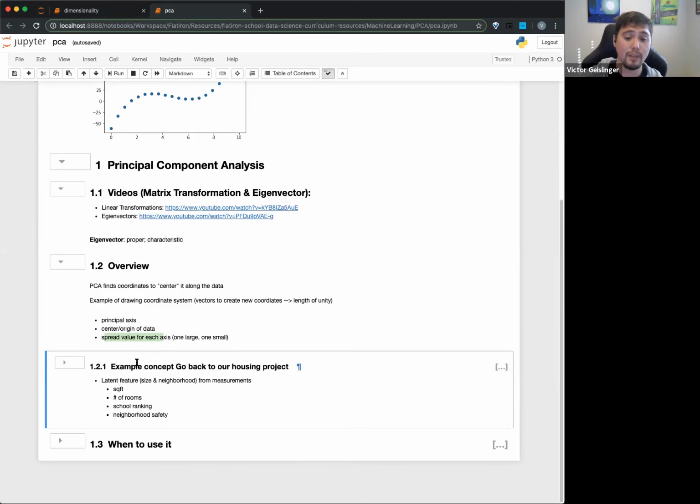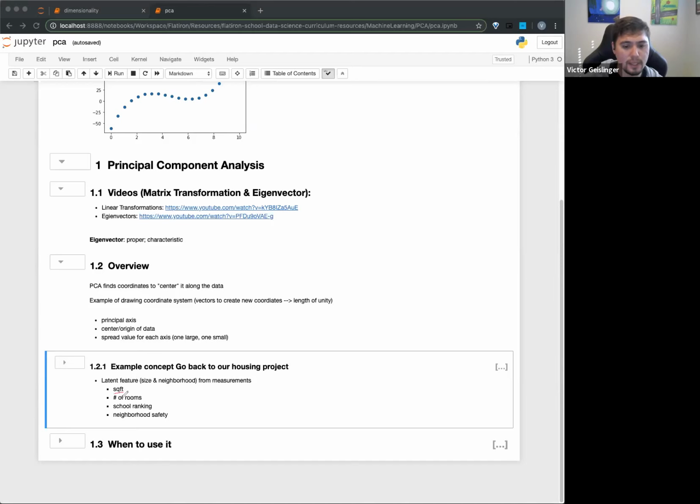Now, what's really cool about this is we can think of it intuitively. If you remember back to our module 1 project, we had these correlated values. I think we even had this exact example. To be frank, this school ranking and neighborhood safety example didn't come from me, but it's very related to what we have.